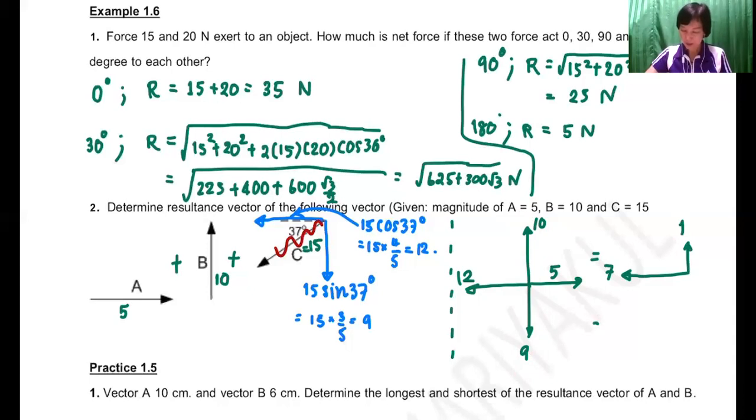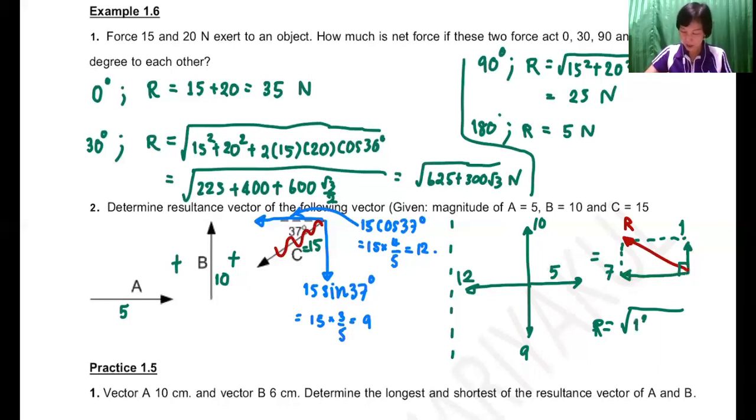Now our final resultant will be the resultant between these two vectors. I will draw a parallelogram between these two, and our resultant is in this direction. How much is it? Use the Pythagorean theorem, because 1 and 7 are 90 degrees against each other.